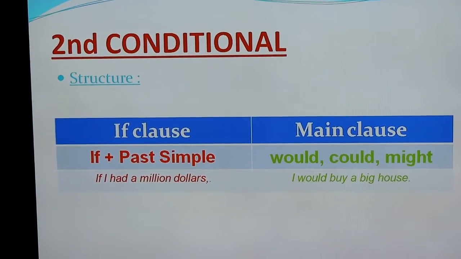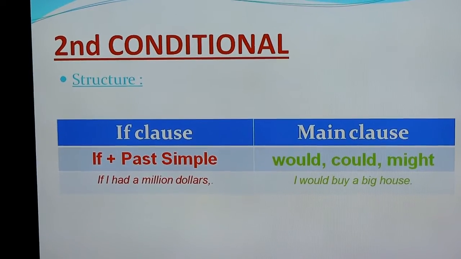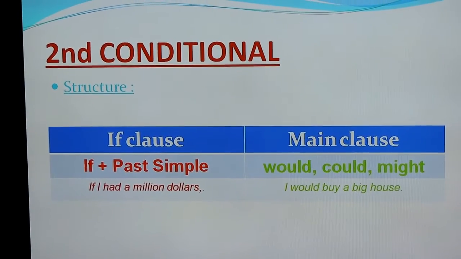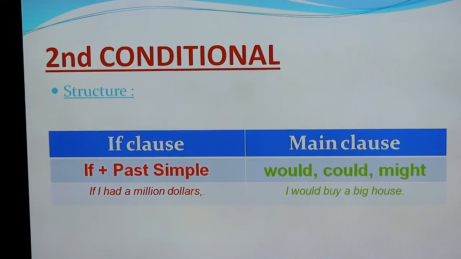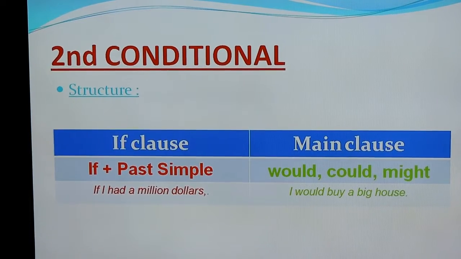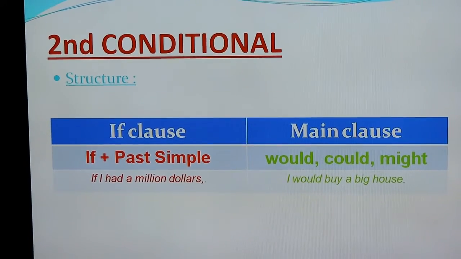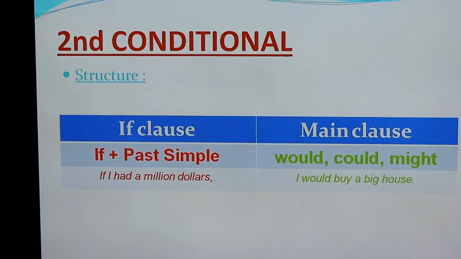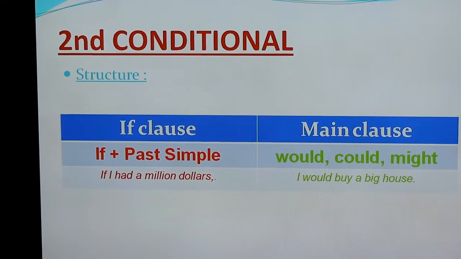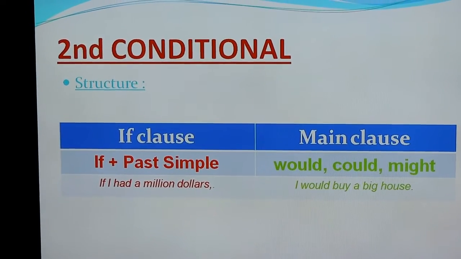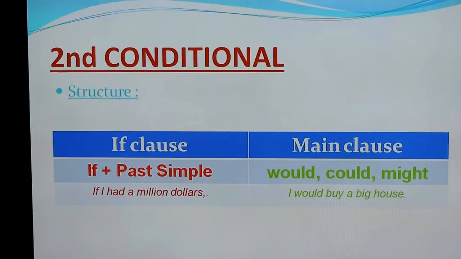We have if plus the past simple. It is obligatory to use this structure in the sentence. And in the main clause, we have would, could, or might plus a verb. Of course, this verb should be in the infinitive.